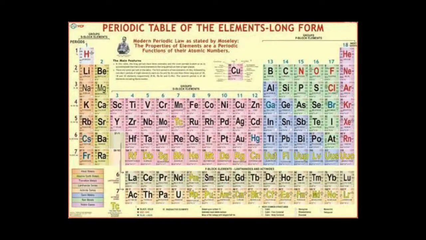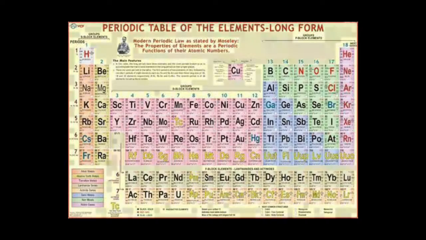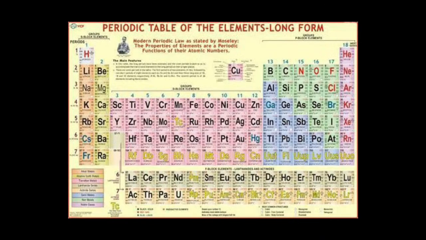And a very, very important advantage of the modern periodic table is that it is applied like this: the properties of elements are the periodic function of their atomic number.